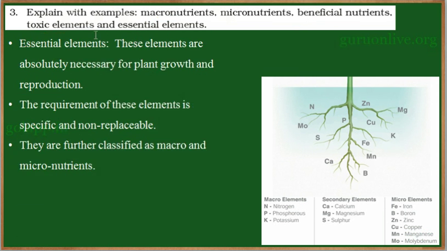Now coming to the last one, that is essential nutrients or essential elements. These elements are absolutely necessary for plant growth and reproduction. If the elements are not present, it leads to deficiency and disorder. Such elements are compulsorily required for the plant to grow, develop and reproduce normally. They are called essential elements, and are broadly classified into two categories, macronutrients and micronutrients.